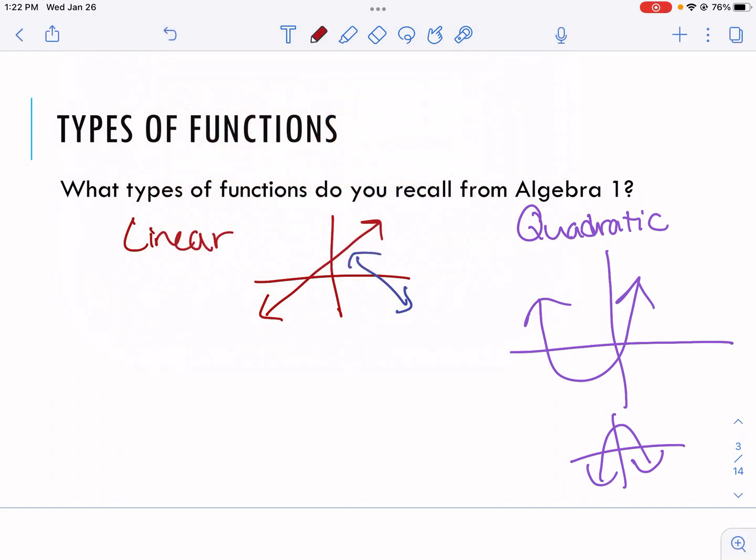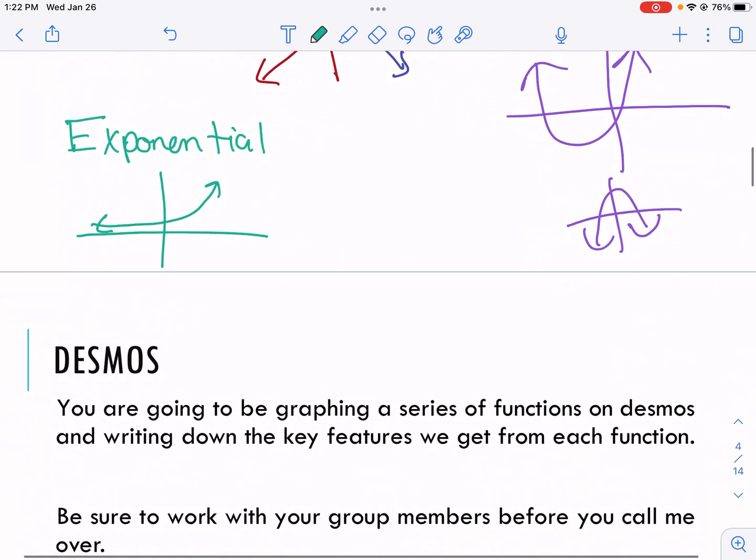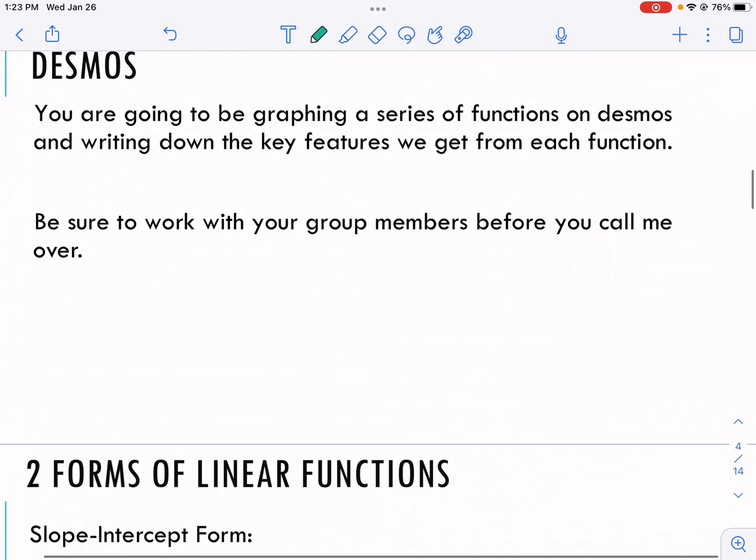And finally, we'll change color here so you can color coordinate it. This last one is exponential, and again, that is like this. The two we're going to focus on this unit, though, are linear and quadratic. Those are the ones that we see more frequently.